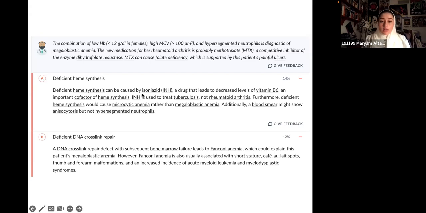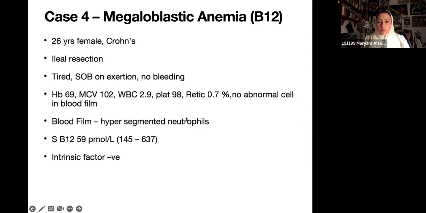You guys took TB already, so this is not a new drug, but here you might have anisocytosis change in your cells, but you won't have hypersegmented neutrophils. Sideroblastic anemia presents differently. One of the causes is lead poisoning. So you might have generalized malaise and these symptoms, but your anemia is usually microcytic.